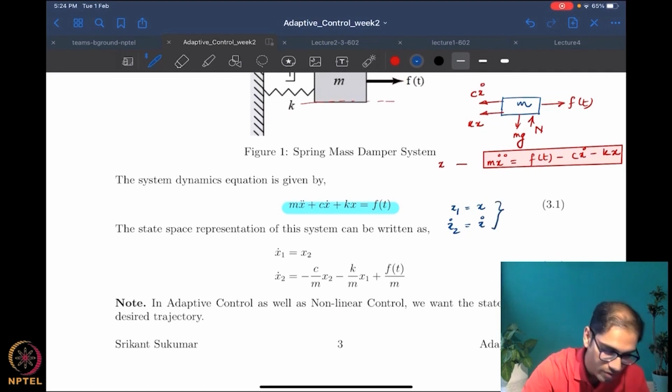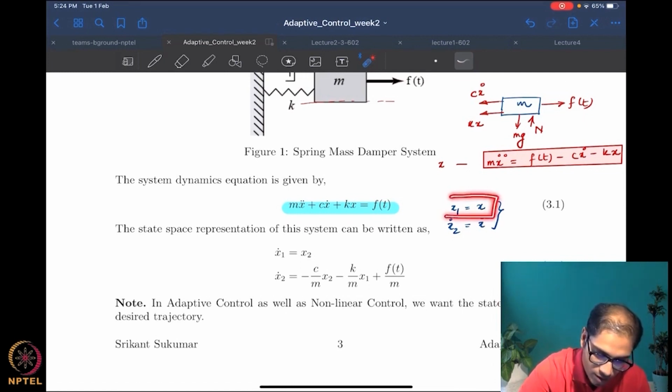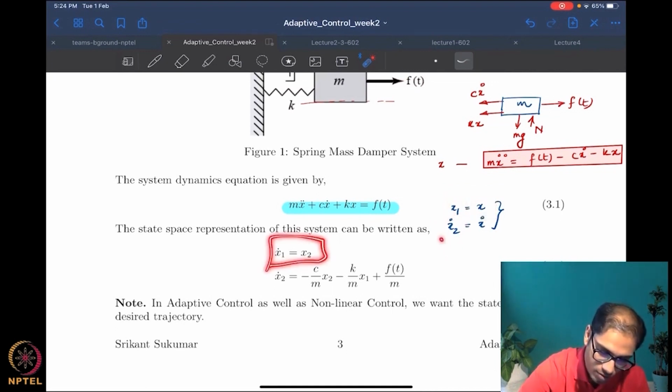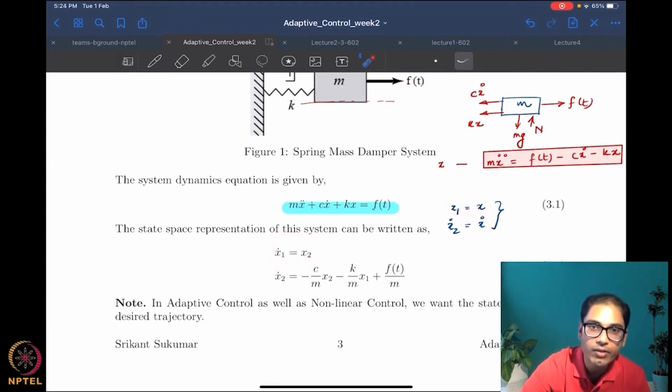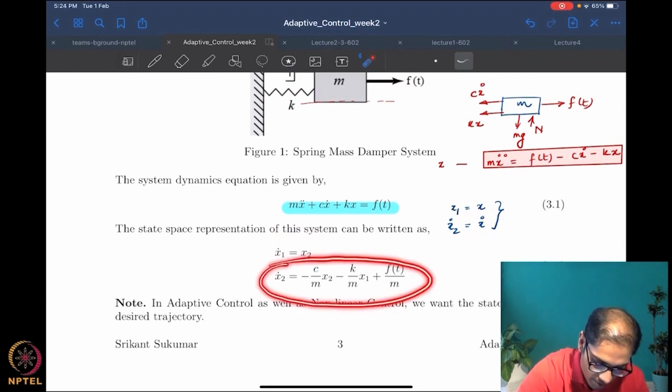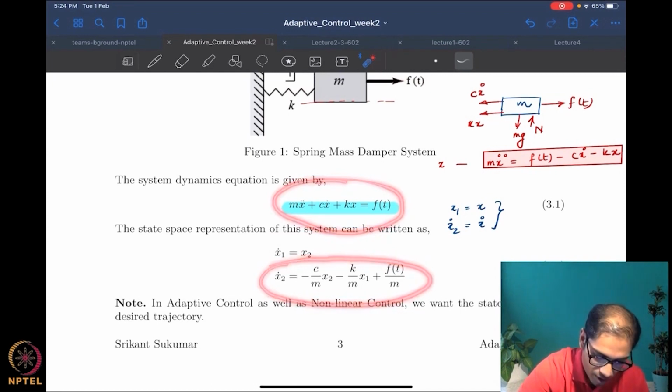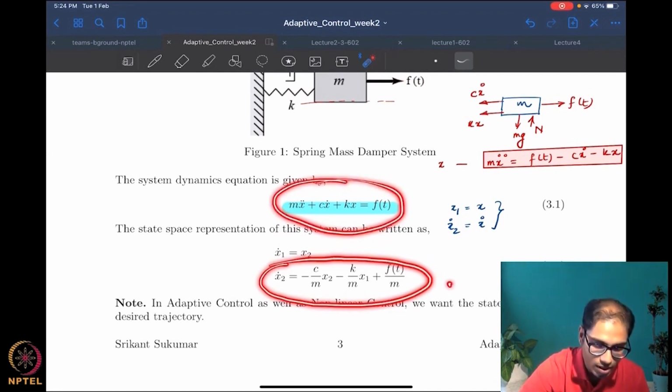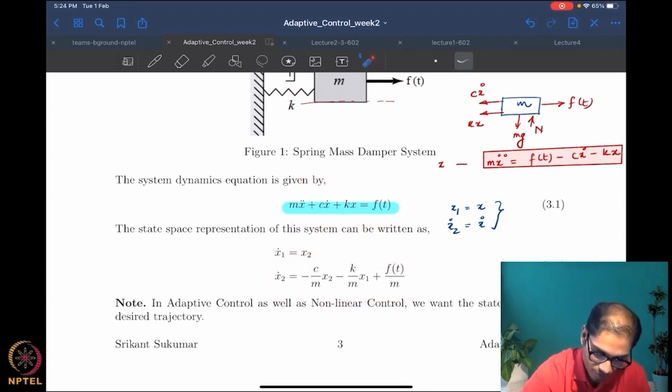This is the standard way to convert anything into a state space form. So then x1 dot is equal to x dot, which is equal to x2. That's the first equation. Then x2 dot is the second derivative of x, and this can immediately be concluded from this equation.